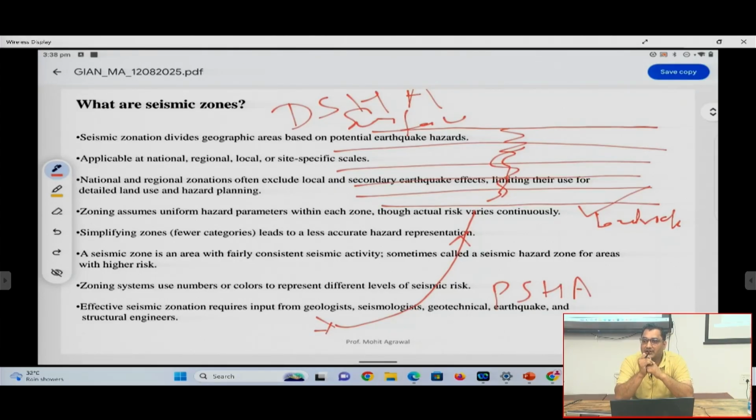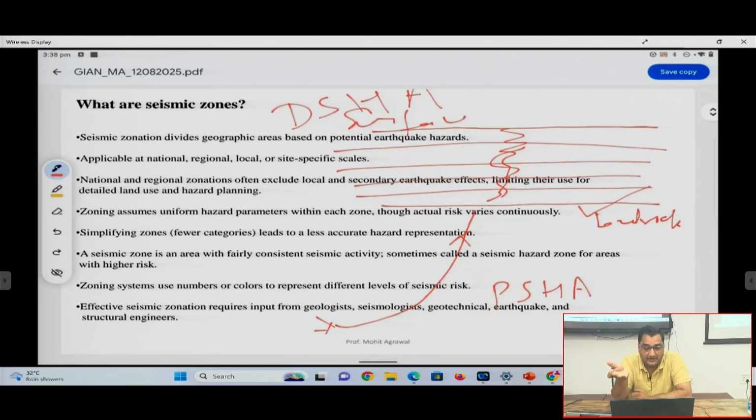That is why you have the maps developed for India at the bedrock level. But efforts are underway and we are moving towards generating better maps for the Indian subcontinent. If we talk about seismic zones, you are dividing the entire area into different numbers of zones where there is a potential effect of earthquakes.